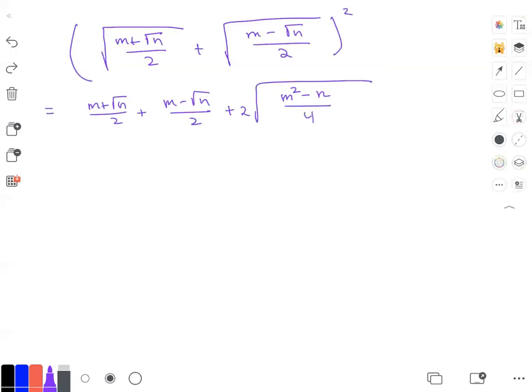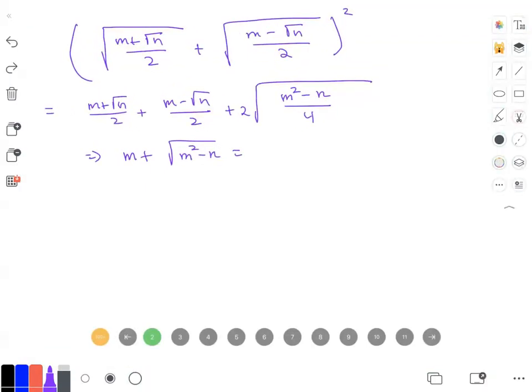If we simplify, (m plus root n) over 2 plus (m minus root n) over 2 becomes 2m over 2, which is m. And then we have a square root of 4 in the denominator, which is effectively 2. The 2's cancel out, so we're left with the square root of m squared minus n.